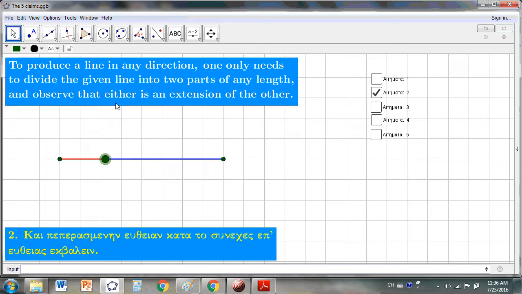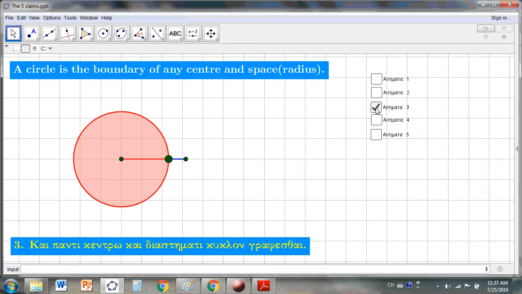So to produce a line, to convince yourself that it can be produced in any direction, just partition that line anywhere along the line, and you can reason as follows. Well, had you created that path according to the first claim, then the second claim must be true because you can partition it in any point along this straight line. Okay, so the second one follows too. The third one and the fourth one are pretty simple.